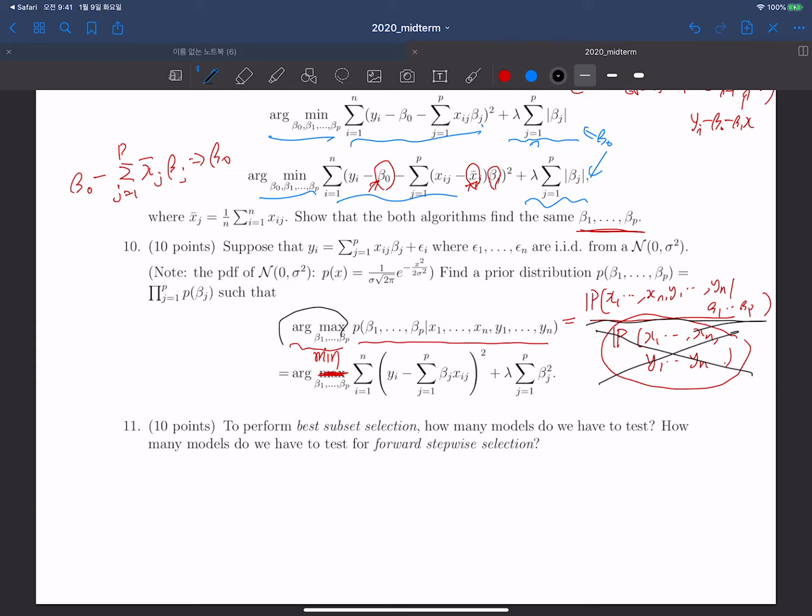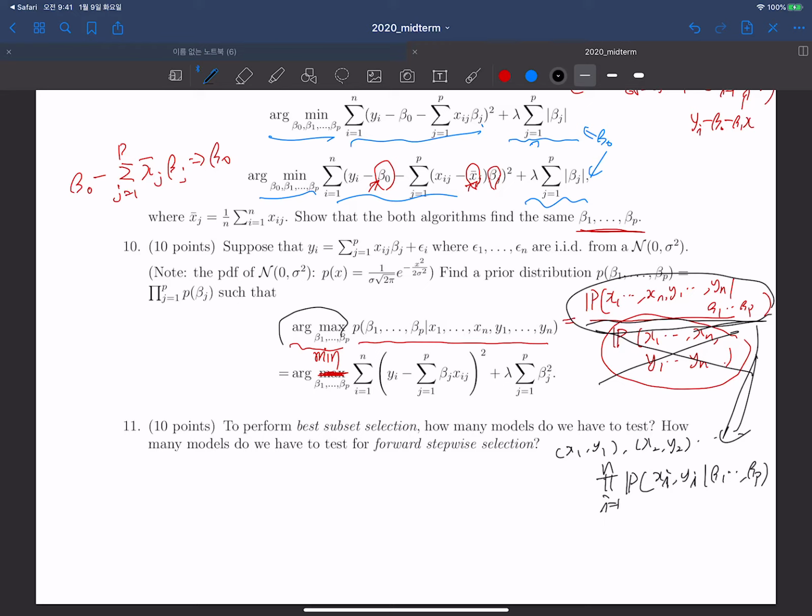And from the assumption, we know that each observation, each data set x1, y1, x2, y2, and so on, are independent. So we can rewrite this conditional distribution as the product of the probability of xi, yi, i from 1 to n, given beta 1 to beta p.